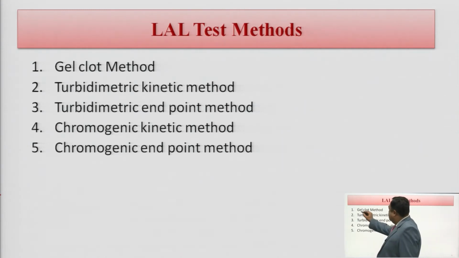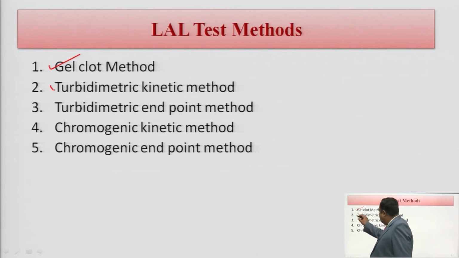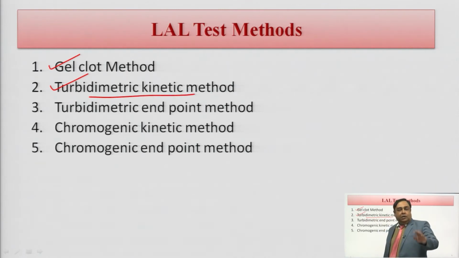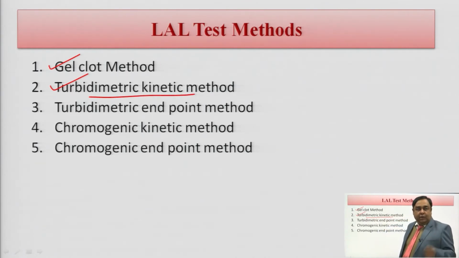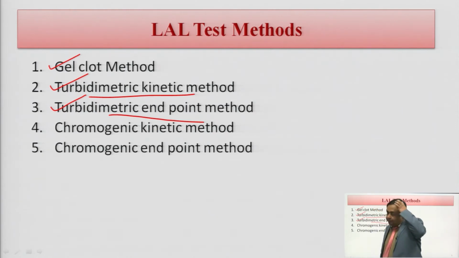The first one is the gel clot method. The second one is the turbidimetric kinetic method. The third one, a common variant of the turbidimetric process, is the turbidimetric endpoint method. Fourth one, chromogenic kinetic method.